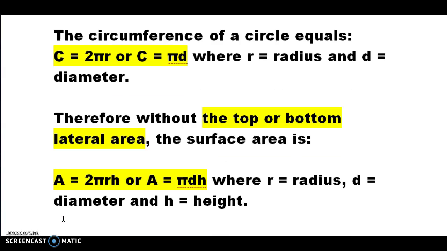Without the top and bottom, the lateral surface area of this can is given by area equals 2 pi r times the height, or area equals pi times the diameter times the height. So again, we can use either one of these two formulas interchangeably, depending on whether we know the radius or the diameter.